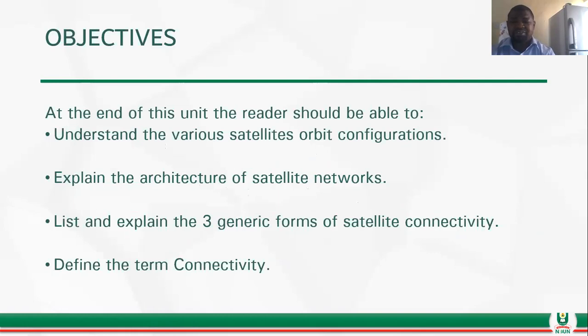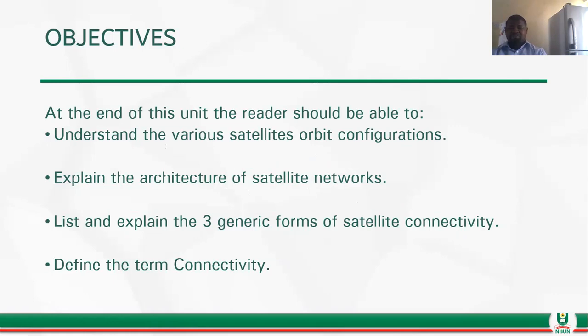Now for this unit, we expect that at the end, you should be able to achieve the following objectives. One, you should be able to understand the various satellite orbit configurations. You should also be able to explain the architecture of satellite networks.